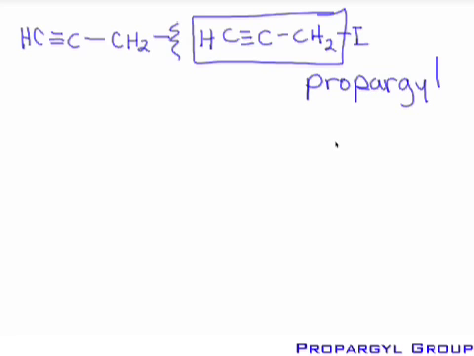Now, propargyl, under IUPAC nomenclature, we have 1, 2, 3. The alkyne's higher priority than iodo, so it gets a 1. So this is a 1-propyne, or prop-1-yne, with a 3-iodo. So the IUPAC name is 3-iodo-1-propyne.